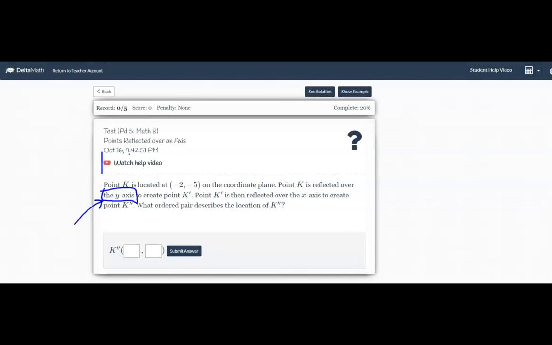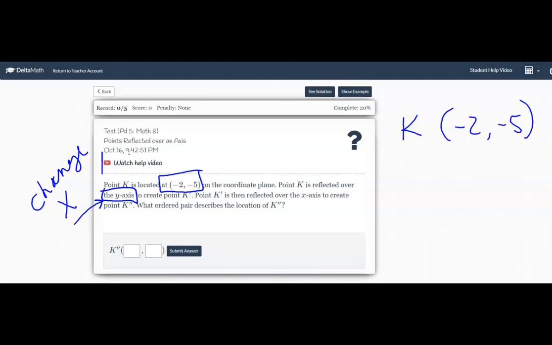If you go over the y-axis, you change x. So this is my first point, K, -2, -5. K prime is going over the y-axis, so you change x, +2, -5.